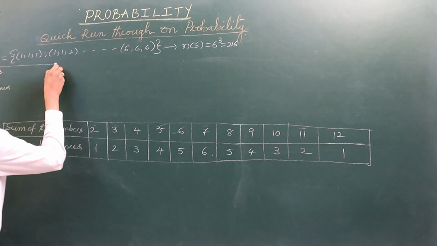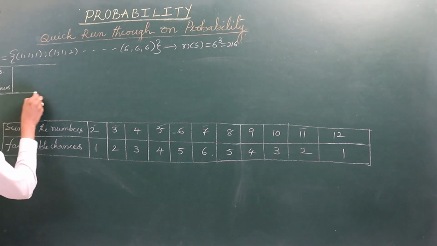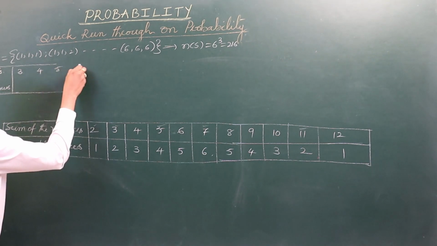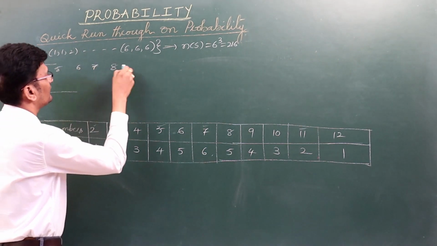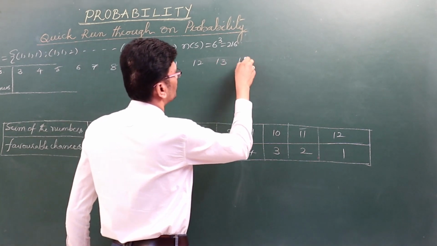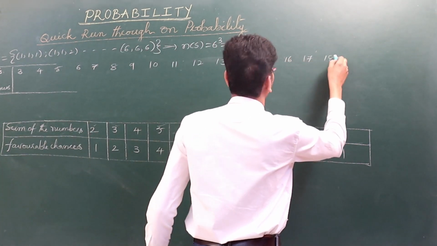The minimum sum is 1 plus 1 plus 1, 3, and maximum sum is 18. So better to write 3 to 18: 3, 4, 5, 6, 7, 8, 9, 10, 11, 12, 13, 14, 15, 16, 17, 18.